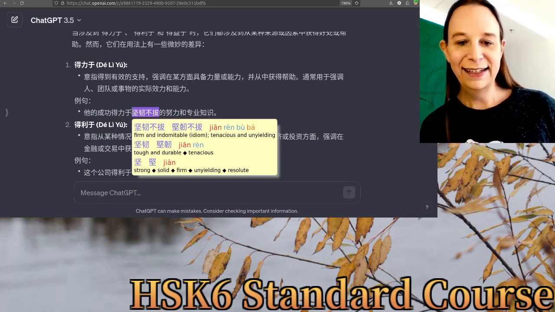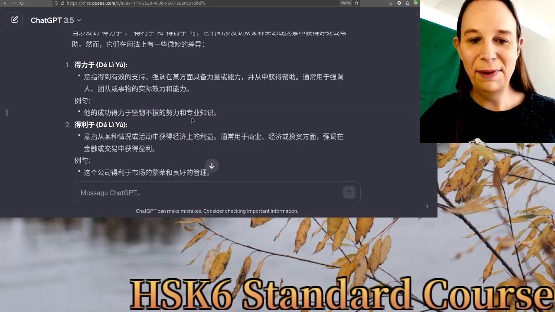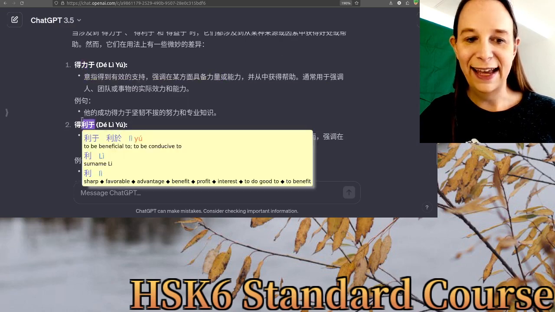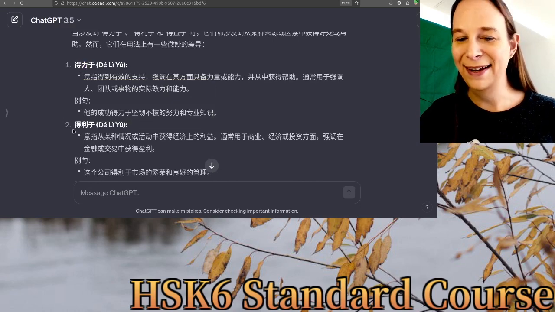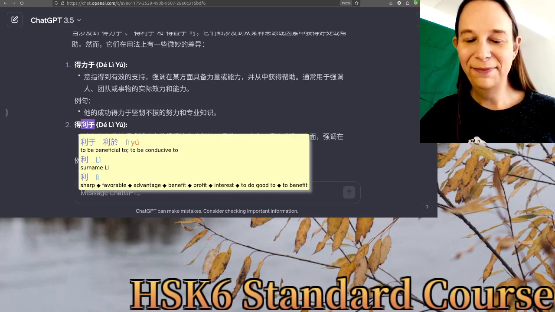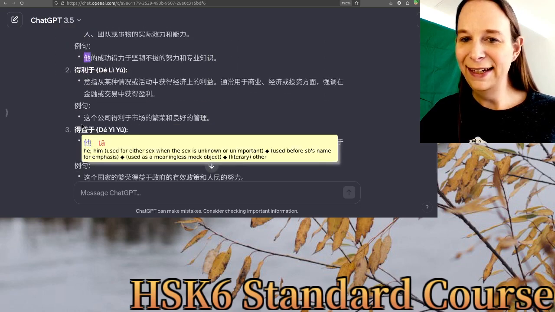So his tenacious and unyielding effort and his specialist knowledge. Alright. Are these the same though? I feel like this is almost a typo of this one. Li means benefit, right? So I think it should be 得利于, not draw power from. Maybe it is different like that.